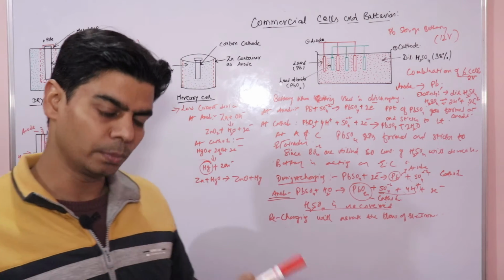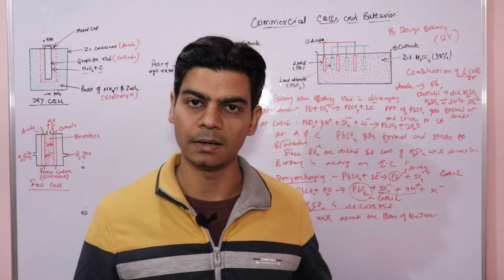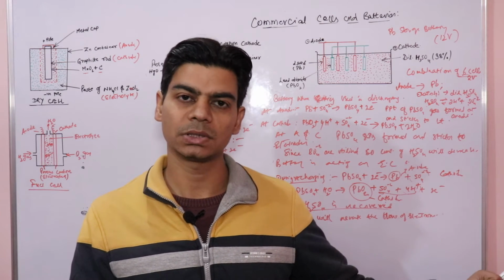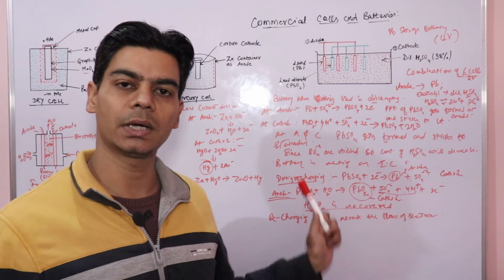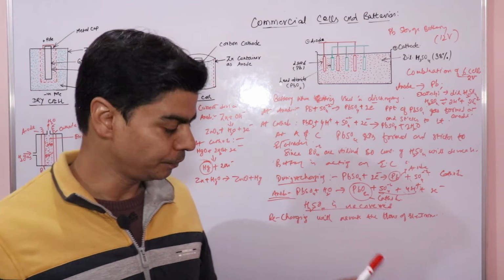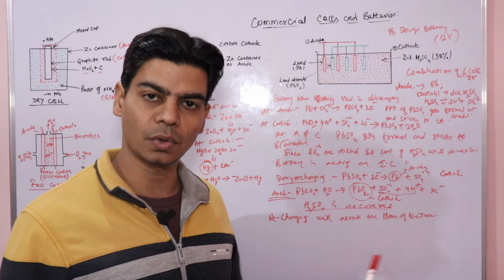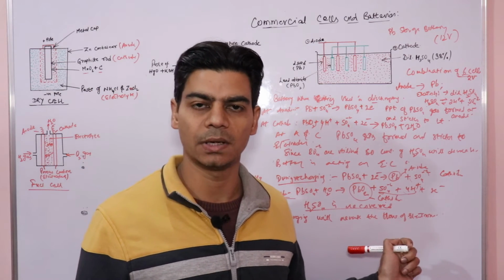So normally when we pass electric current into the electrolytic cell, that process is known as electrolysis. So in the second phase, when we are charging or recharging the battery, the process of electrolysis is taking place. And when electrolysis is taking place, that means the cell is acting as an electrolytic cell.